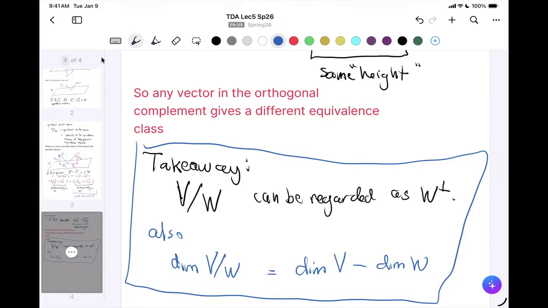But again, we will always be working with the orthogonal complement. That's what I'm trying to say.